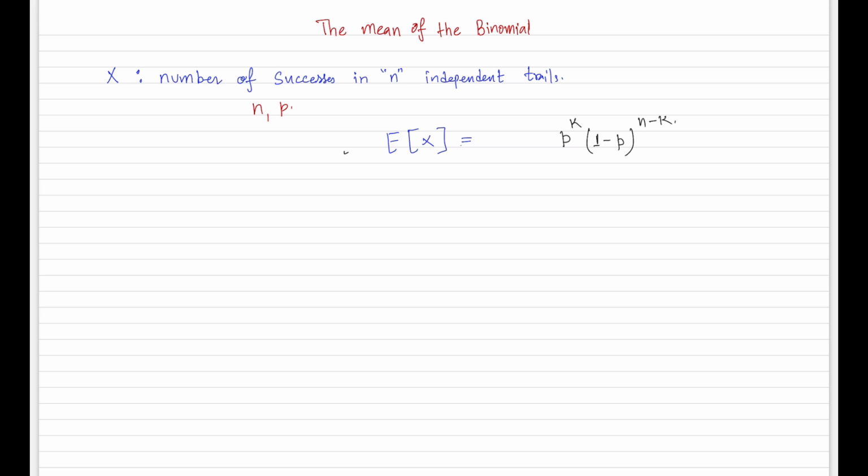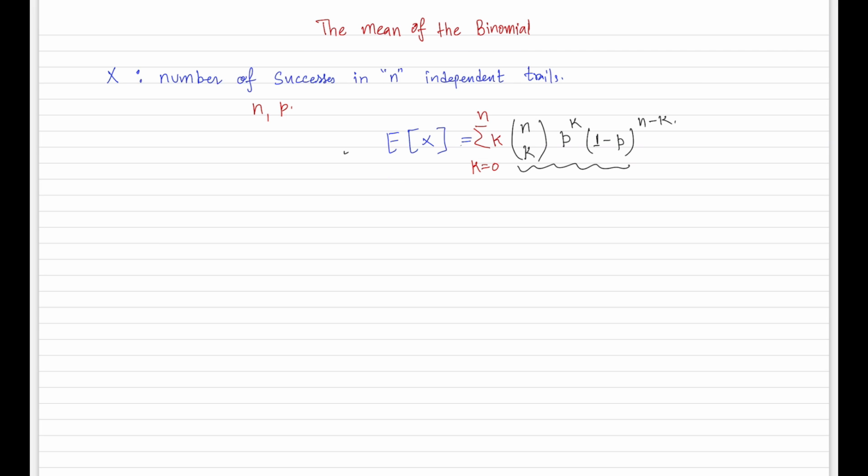How many such sequences will there be? That will be n choose k. This is the PMF of the binomial random variable, and to find the expectation we multiply by k, and the summation goes from k equals 0 to n. So this is the expectation of the binomial random variable.